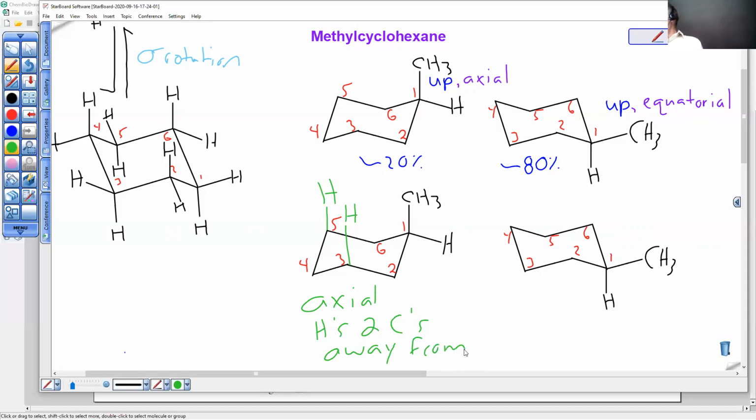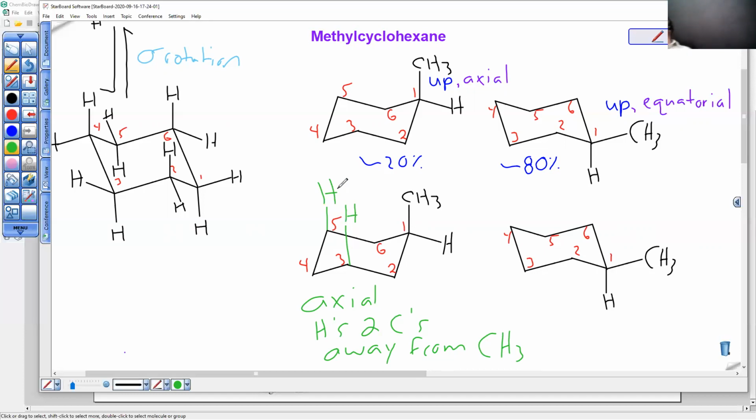Those are axial H's that are 2 carbons away from CH3. So we're not talking about axial H's on the adjacent carbon. We're talking about axial H's on 2 carbons away.